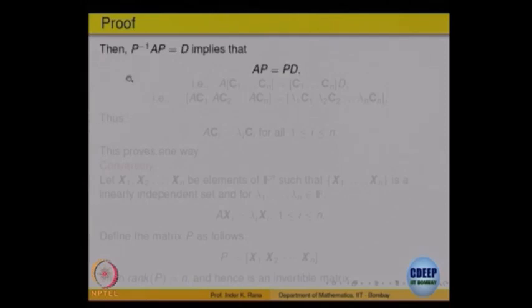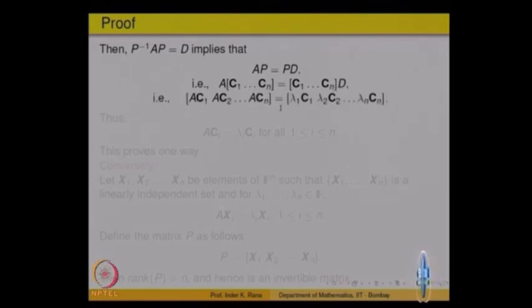If I multiply both sides on the left by P, then AP is equal to P times D. Let us write P and D in terms of the columns. P has columns C1, C2, ..., Cn. The product AP has columns AC1, AC2, ..., ACn, and since D is the diagonal matrix, the columns of PD are lambda 1 C1, lambda 2 C2 and so on.